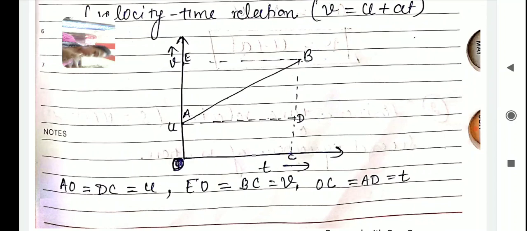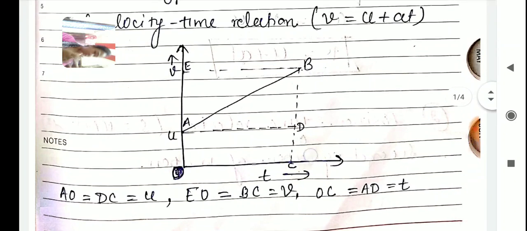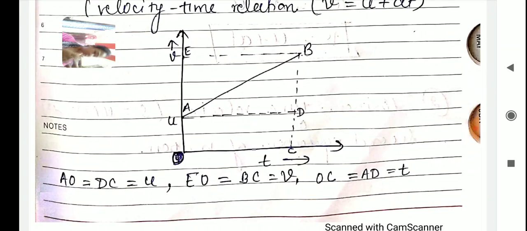That means if we take BC minus DC, what is the value of the BC? V. And what is the value of the DC? U. So V minus U represents final velocity minus initial velocity, which will be equals to the change in velocity.